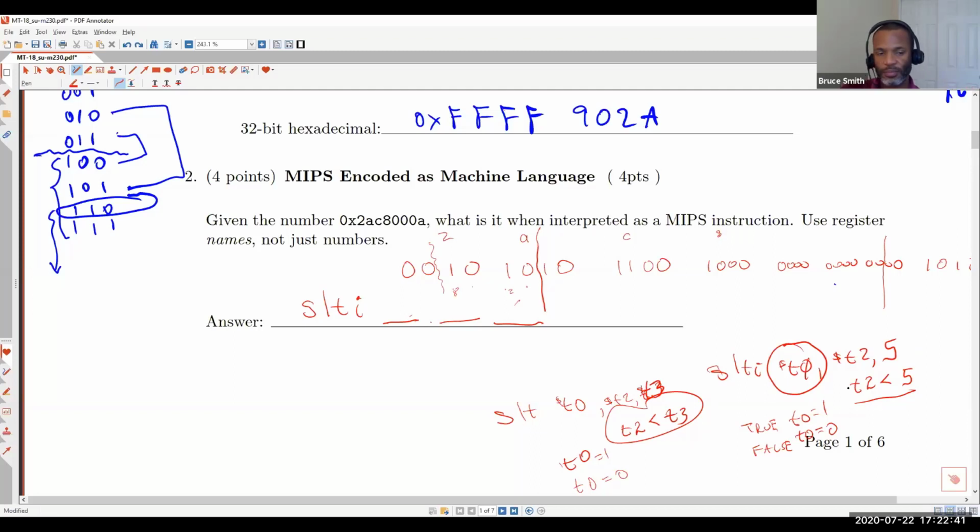Questions? Now, here's one way to think about this, and this is actually how set on less than works. Imagine that this T2 has a 3, and then there's a 5. So what will T0 be? Will it be a 0 or a 1?